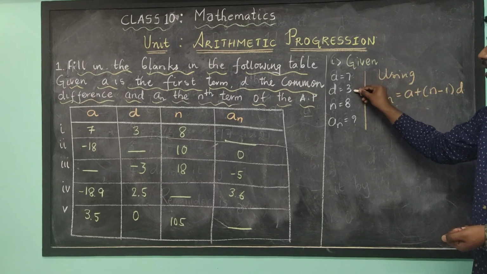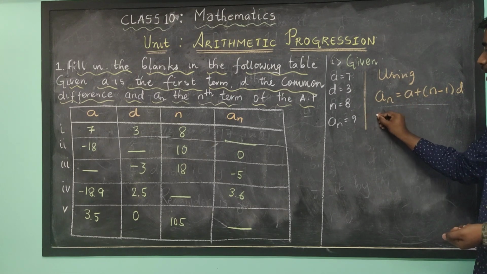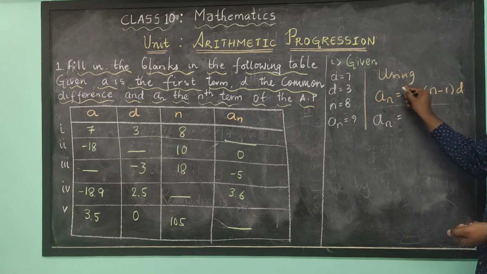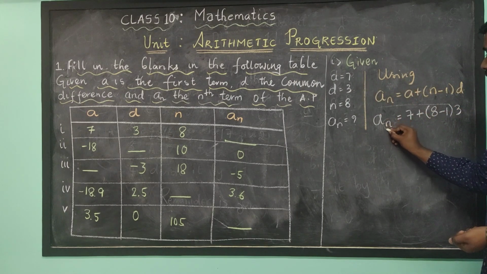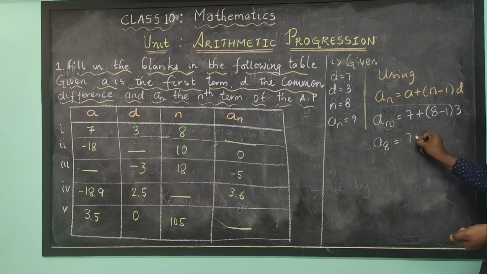Now substitute all these values in this formula. What is an? That we should find out, keep as it is. an equals a plus, what is a? 7, plus n minus 1, as it is, into d. What is the value of d? It is 3. Therefore, I'll replace n by 8. So, a8 equals 7 plus 8 minus 1 is 7, into 3.